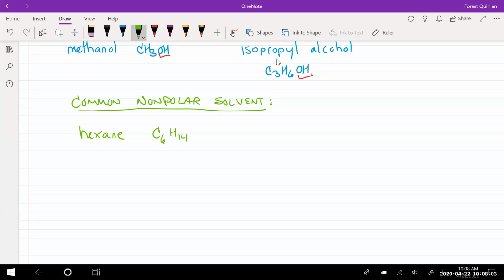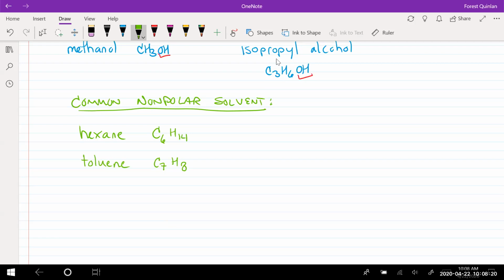That is C6H14. For anybody who works in any sort of paint, toluene is another one of their solvents. It's often found in paint strippers, and that is C7H8.